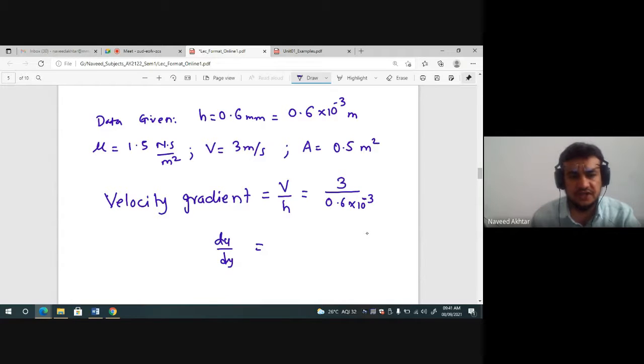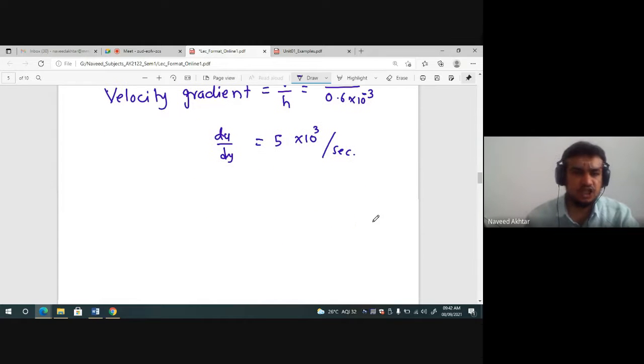Velocity gradient means change in velocity with respect to the head. Initial velocity is 0, so it is 3 minus 0, which is 3. If you solve, it comes to 5 into 10 raised to 3 per second. The velocity gradient is 5 into 10 raised to 3 per second. Now we know Newton's law of viscosity.